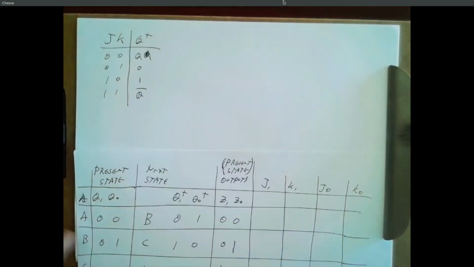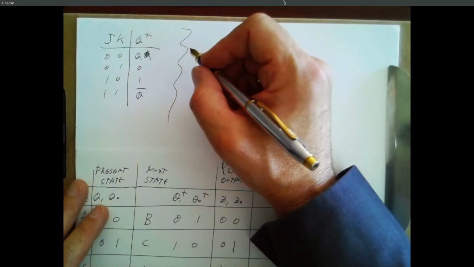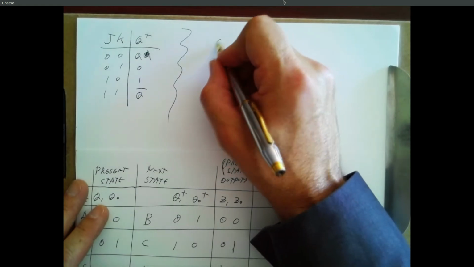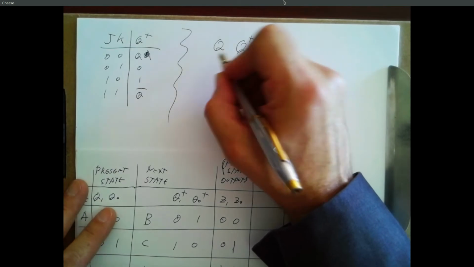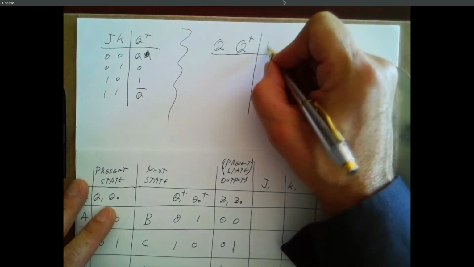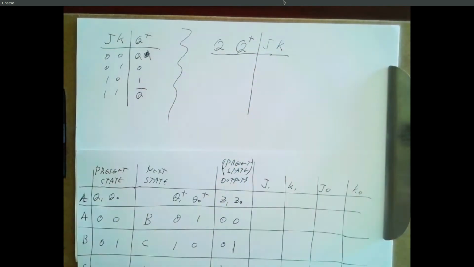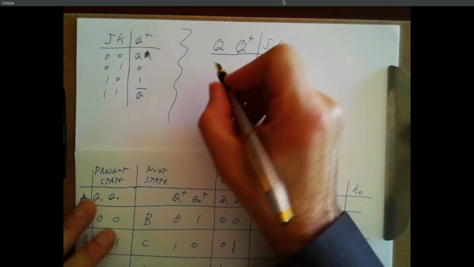Right, so JK acts like that. But you can also think of this as, if you want to do this more efficiently, if we know our current state is Q and we want our new state to be Q plus, what should J and K be equal to? We can flip this table around, right?